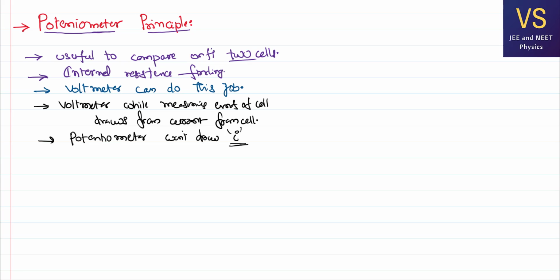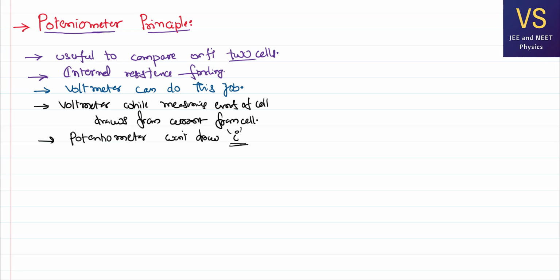Therefore, the reading is more accurate when compared with a voltmeter. If you prefer a perfect reading rather than a very small error, of course the voltmeter reading error is going to be small, but even if you don't want that small error, you should prefer using a potentiometer.